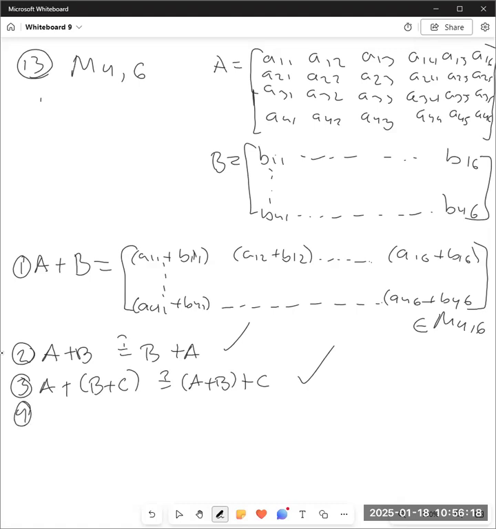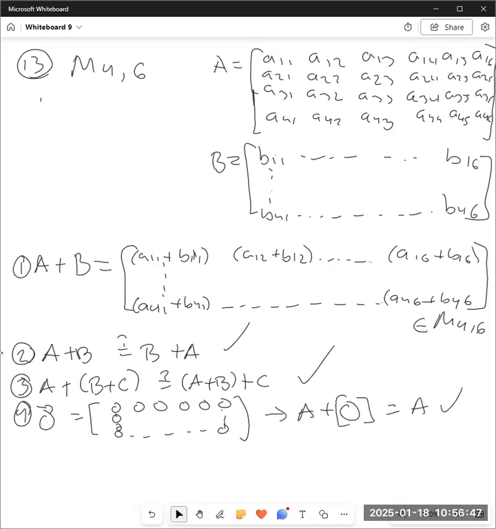Is there a zero vector? There is. The zero vector is going to be all zeros, and then A plus the zero matrix is equal to A. Good.